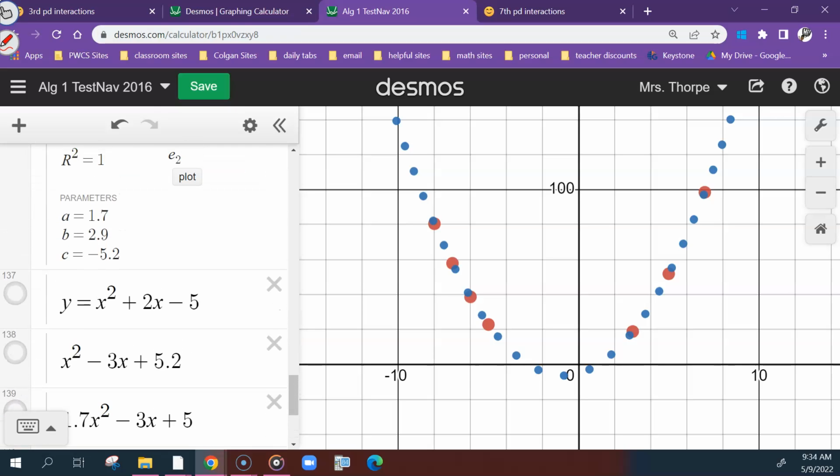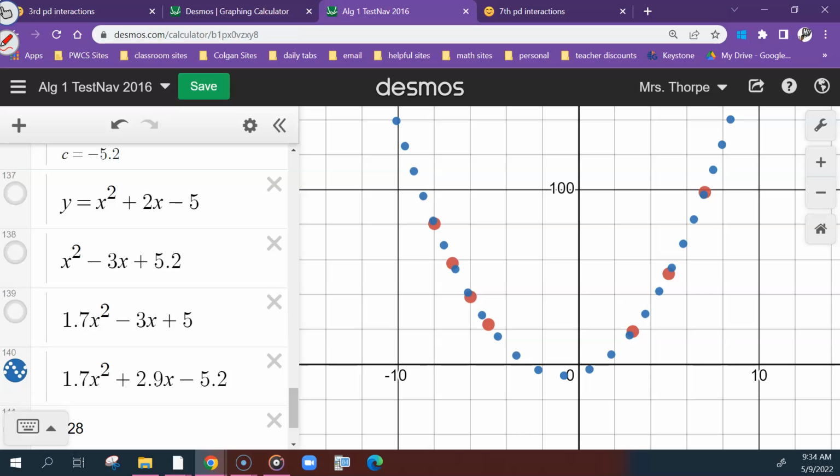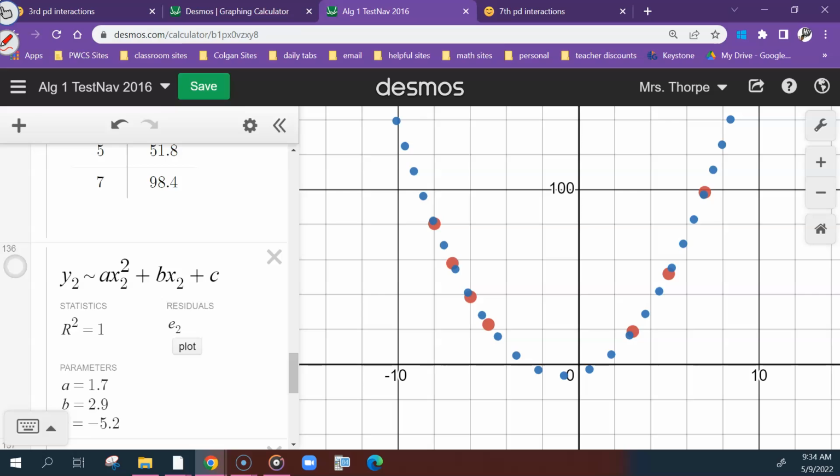That would give you your A, B, and C value, and you can see which one matches. Or you could just put in the answers and see which one matches. And that's something you would have to know and remember because that's not something they give you on the formula sheet.